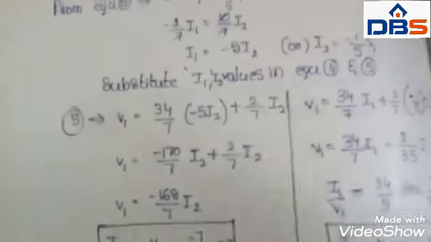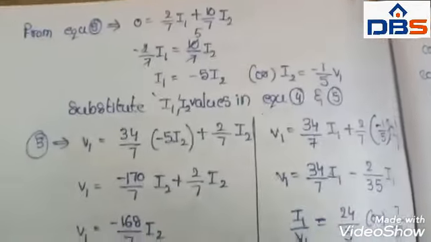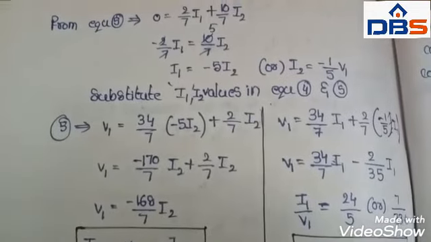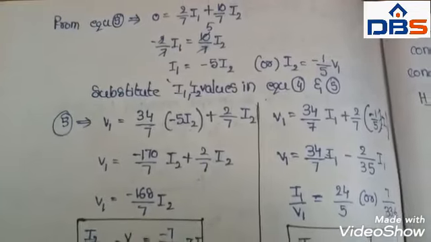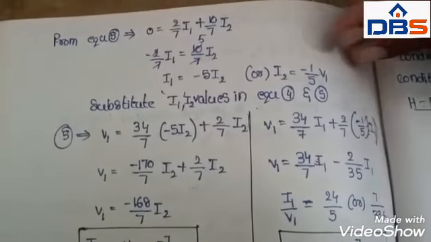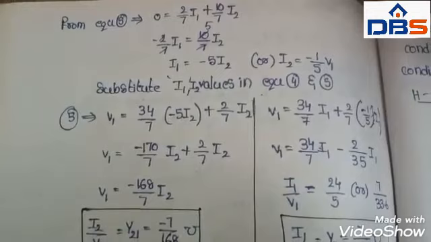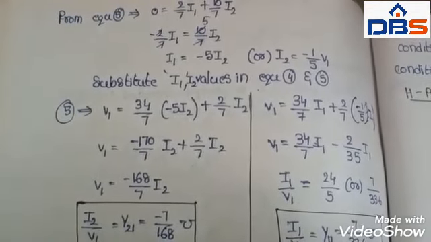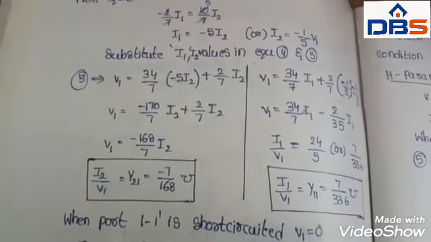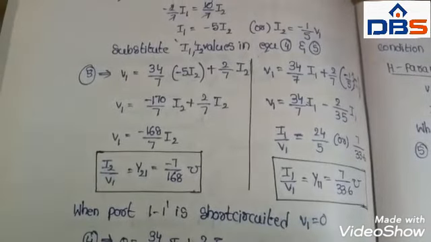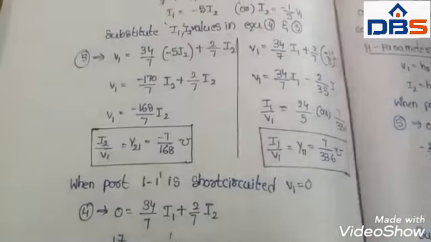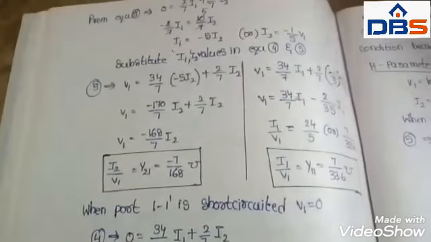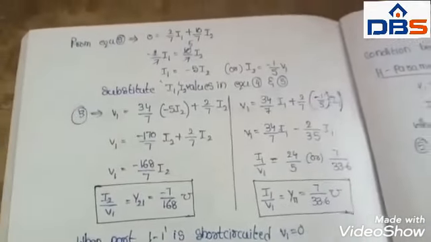From equation 5, 0 equal to 2 by 7 I1 plus 10 by 7 I2. Therefore I1 is equal to minus 5 I2, otherwise I2 equal to minus 1 by 5 I1. Substituting these values in equations 4 and 5, we get the two parameters: I2 by V1 equal to Y21, minus 7 by 168 mho, and I1 by V1, that is Y11, 7 by 33.6 mho.